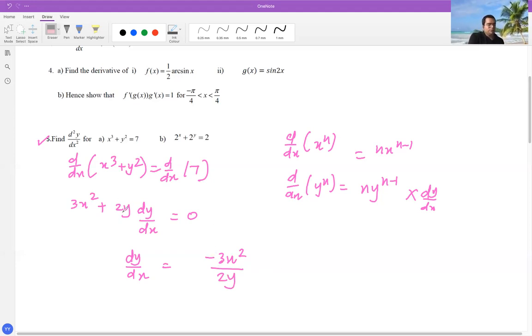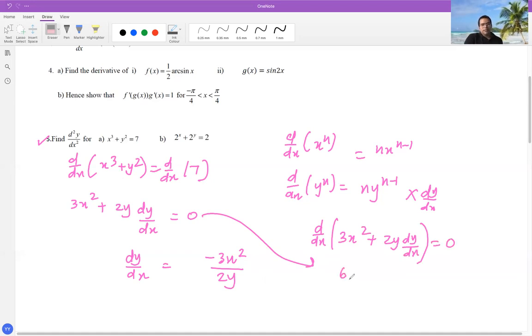But what I would prefer is to differentiate this expression itself. So you could just differentiate the expression which you got in this step: 3x squared plus 2y dy by dx equals 0. So 3x squared derivative is 6x. And you're going to apply the product rule here.